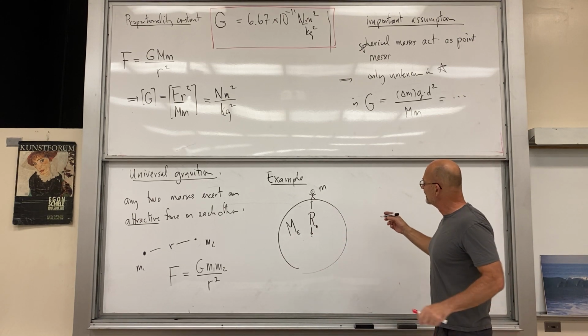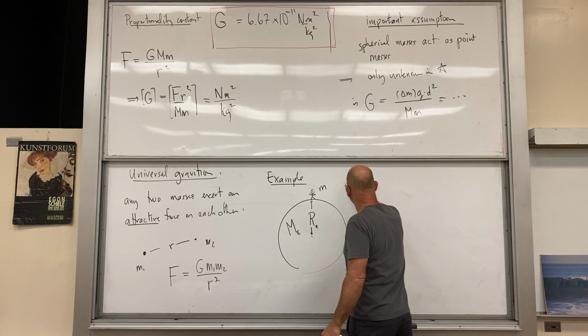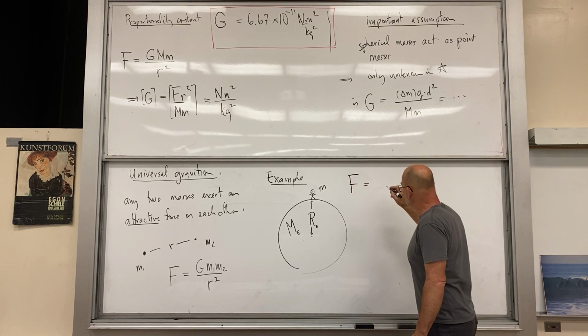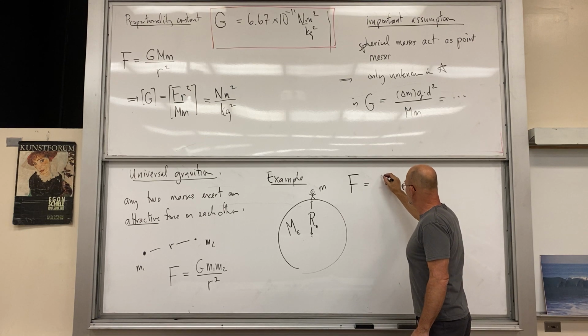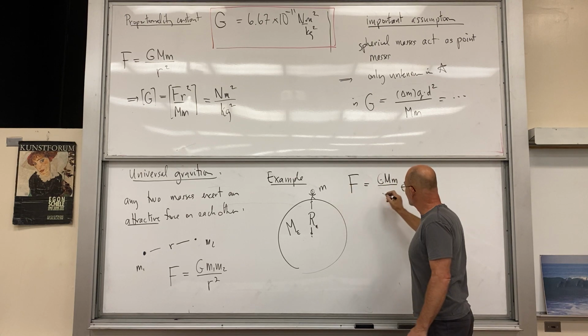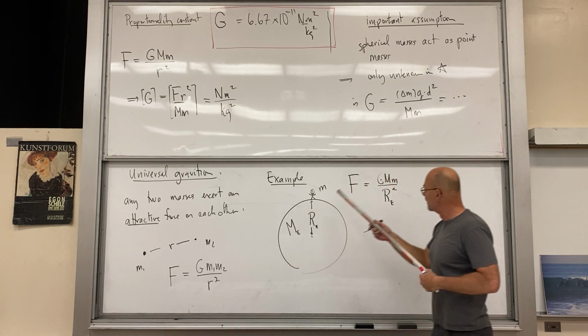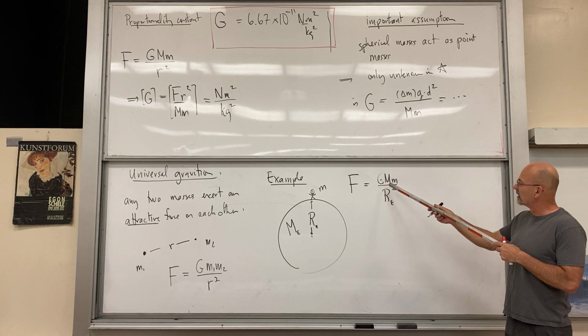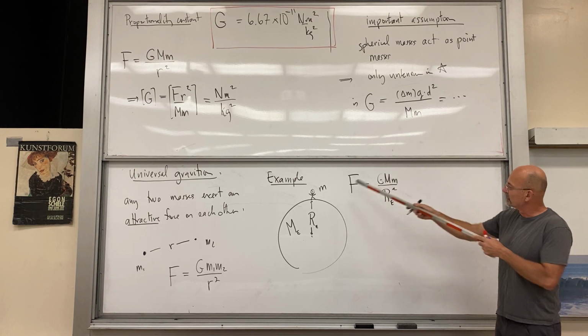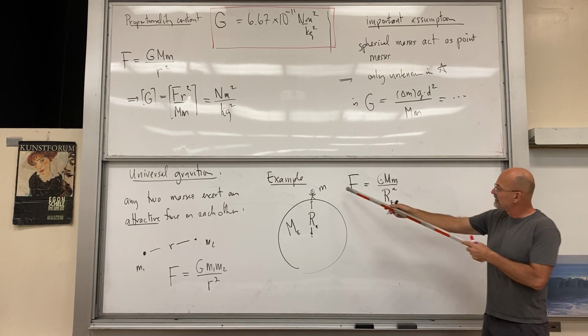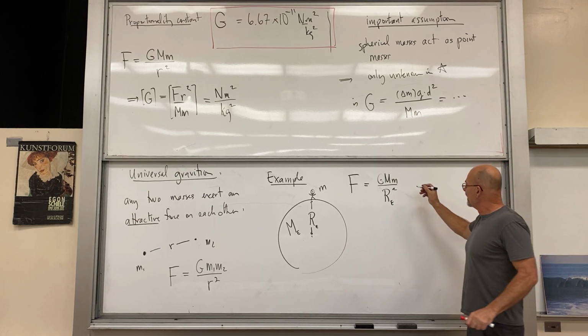So that being said, the force is equal to G, mass of Earth, mass of me, divided by radius of Earth squared. See how I'm using Newton's law here for that particular scenario? Mass of the Earth, mass of the person on the Earth, distance to the center of Earth squared.